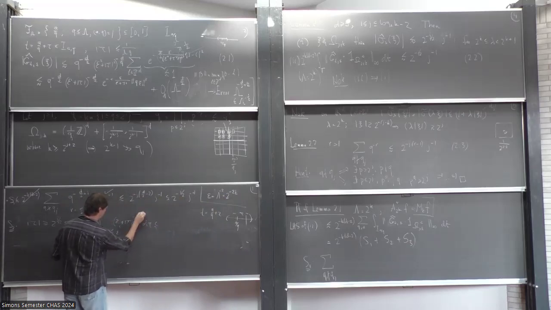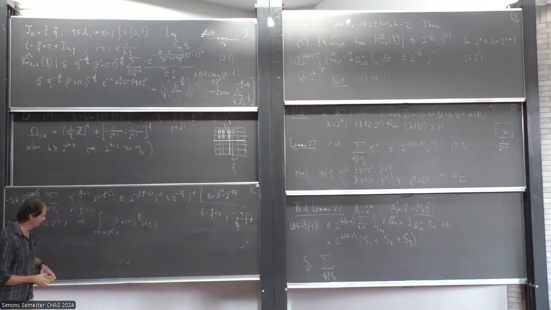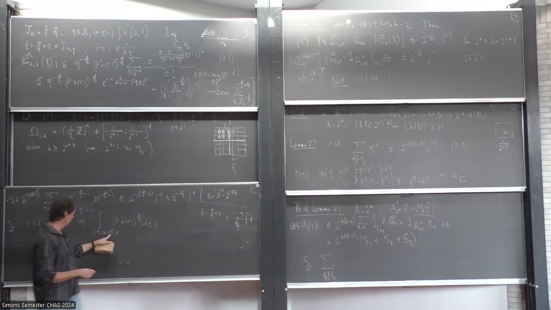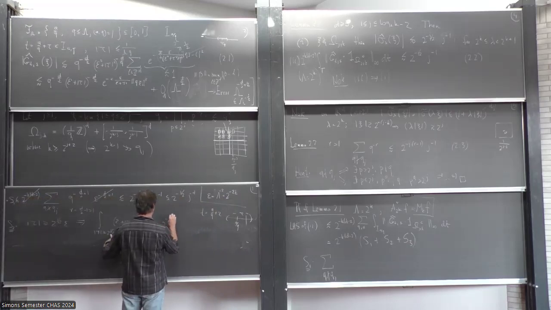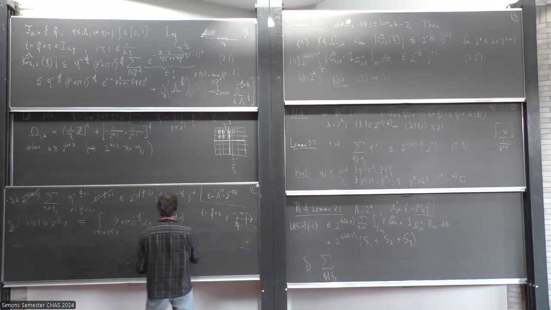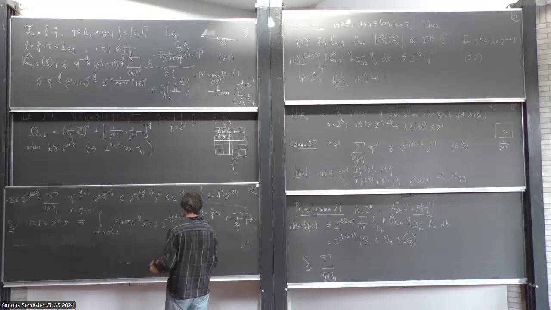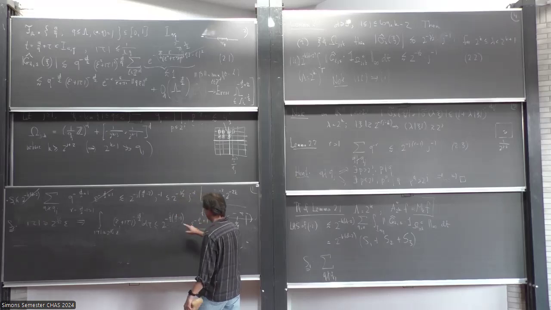Of course, here epsilon doesn't really matter, and then you would get an extra factor of 2 to the minus j over 2, d over 2 minus 1, epsilon to the minus d over 2 plus 1, which is the previous factor, and this is the gain.